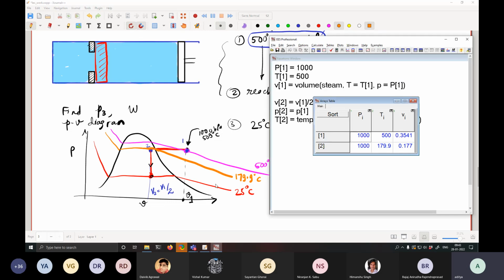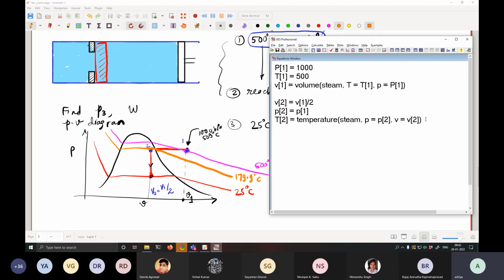Okay, now we can say that V3 is going to be V2, and T3 is 25 degrees Celsius. So let's correspondingly find what P3 is going to be.